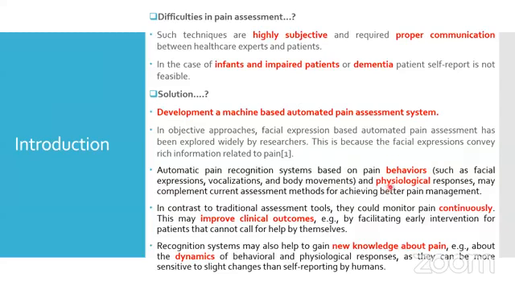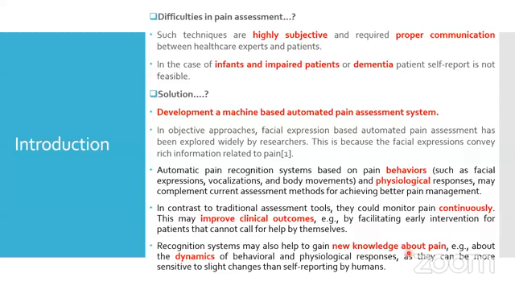Likewise, I can also use the physiological responses, such as maybe you can put up some EEG machine or ECG machine, and from those physiological responses I may be able to find out the pain. Now in both these cases, these recognition systems may also help to gain new knowledge about the pain.